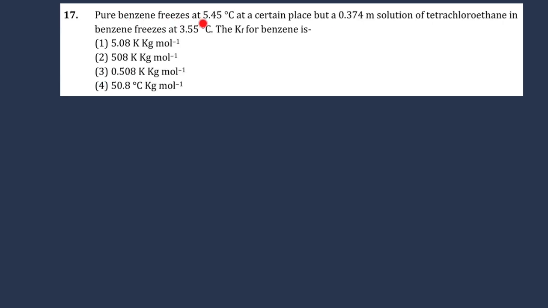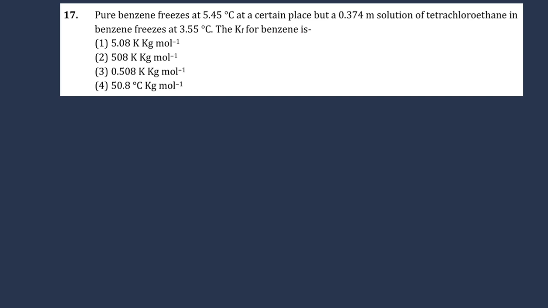Pure benzene freezes at 5.45 degrees Celsius, but a 0.374 m solution of tetrachloroethane in benzene freezes at 3.55 degrees Celsius. The Kf for benzene is? So how to calculate this?